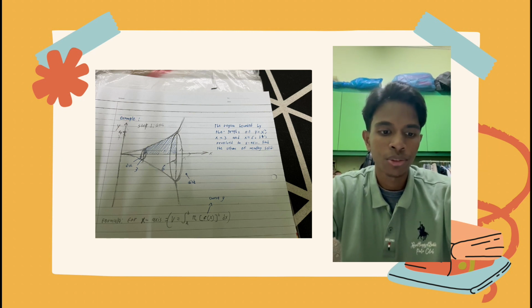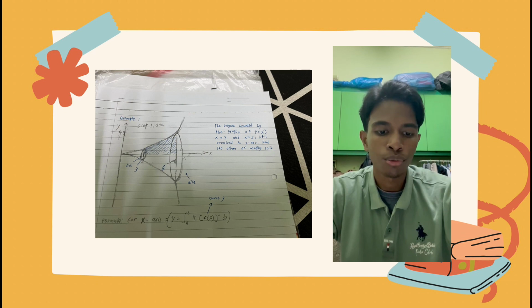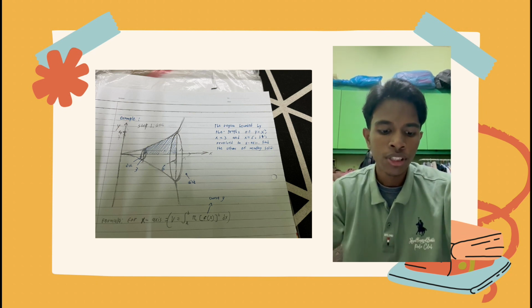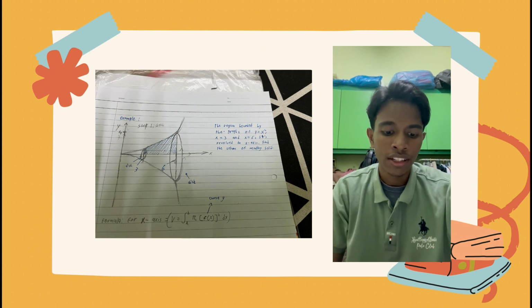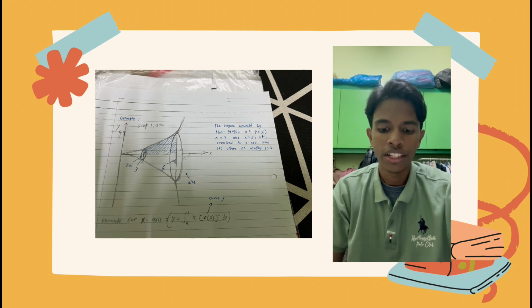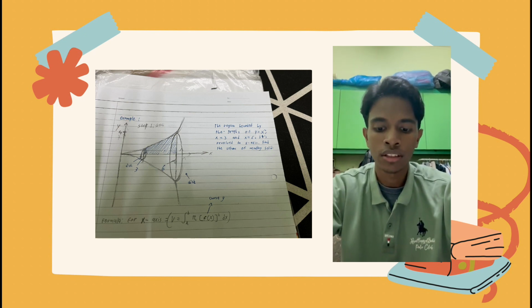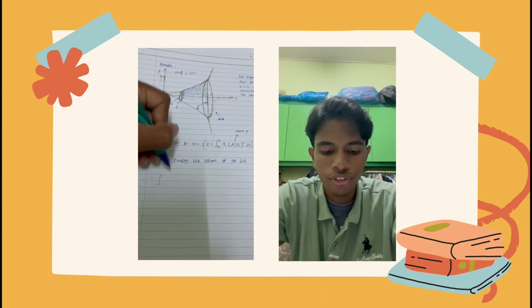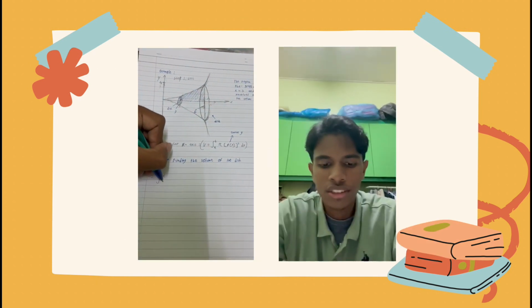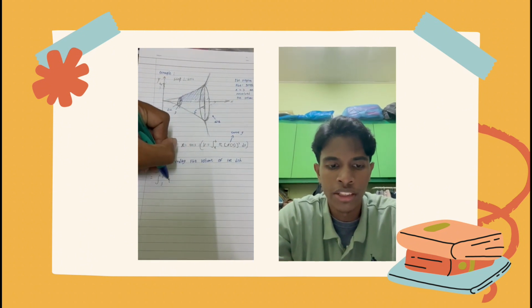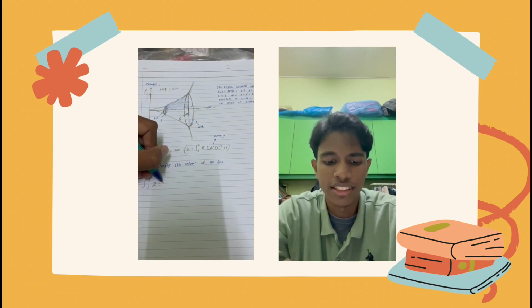So the first step is we need to sketch the graph, which is what we have here. And the formula for the x-axis is V equals pi times the integral of f(x) squared dx. f(x) means equals the curve y. Okay, for the next step, we have to find the volume of the disc, which is in the graph at x equals 3 and x equals 6.